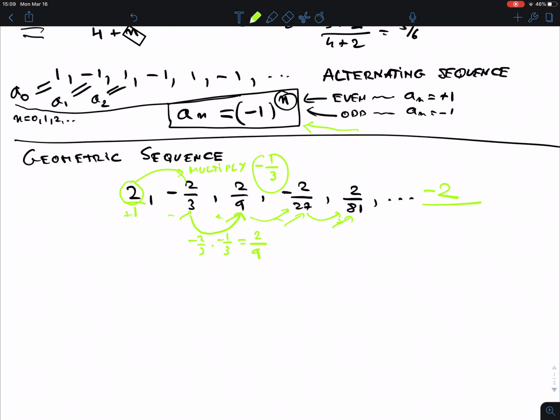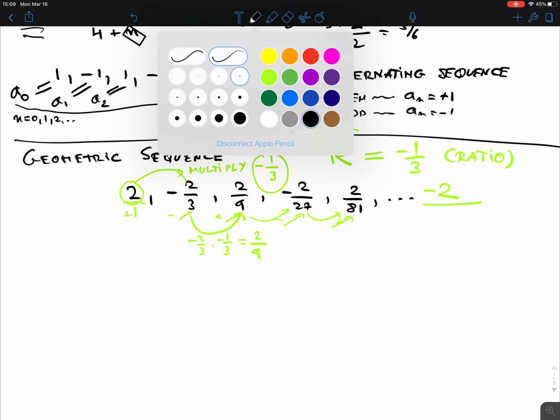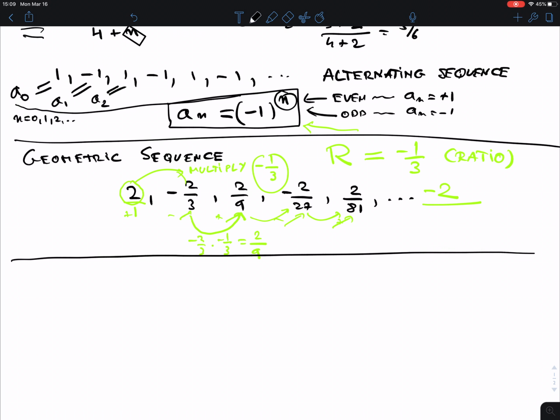A geometric sequence is a sequence in which the next number is obtained from the previous number by multiplying with a fixed factor. And this factor we will call r, the ratio. This is the ratio of the geometric sequence. I'm just saying this now so that later on when we talk about it in more detail, you have already seen it. Okay, I don't think there's a homework problem in it. So let's go on to what we really need to talk about now.